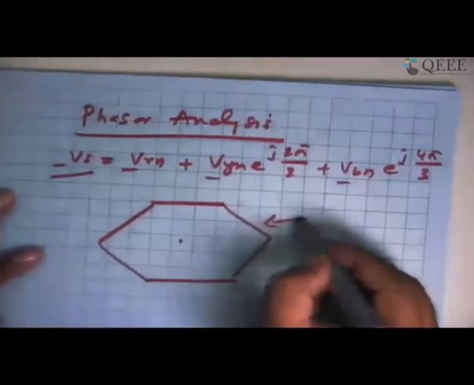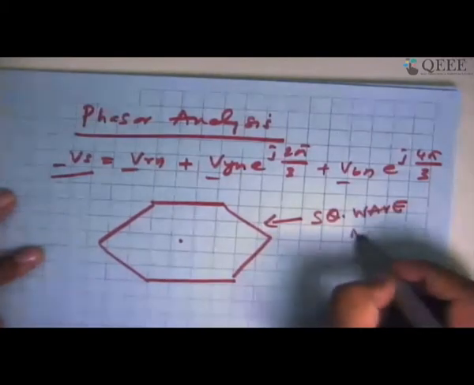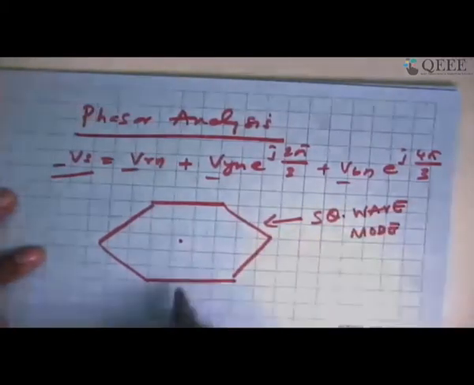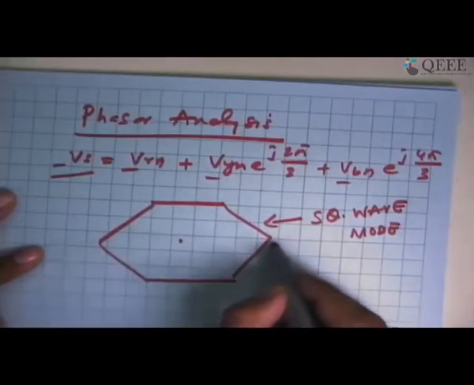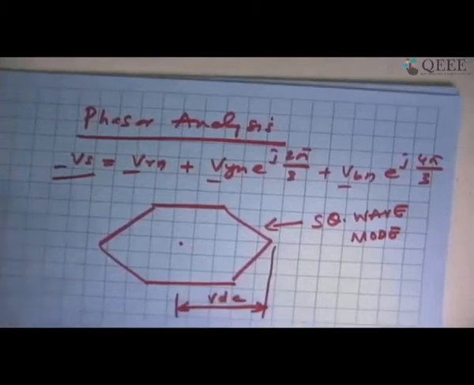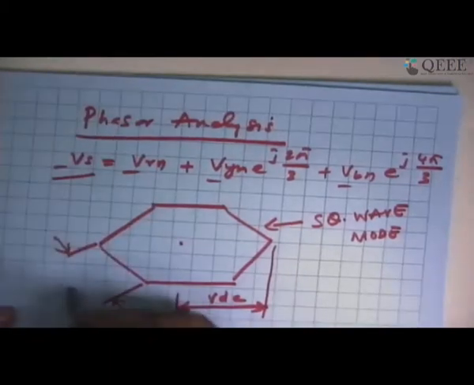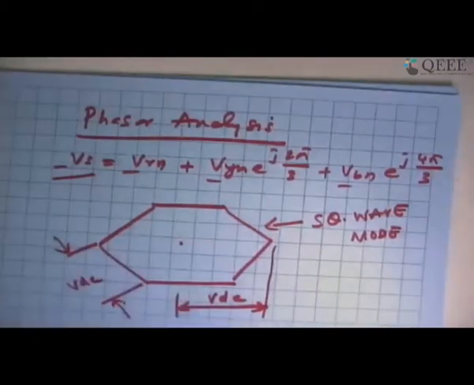So this is for square wave mode, and the length between this and this is VDC, and even this is also VDC. So it's a hexagon.